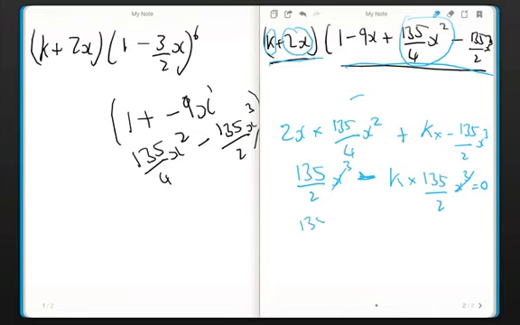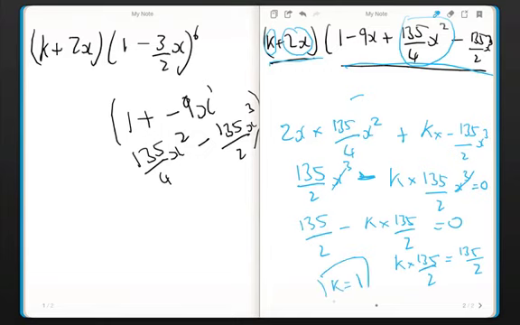So we have 135 by 2 minus k into 135 by 2 is equal to 0. We have k into 135 by 2 equal to 135 by 2, and we have k equal to 1, as this and this will get cancelled. So our k should be equal to 1.